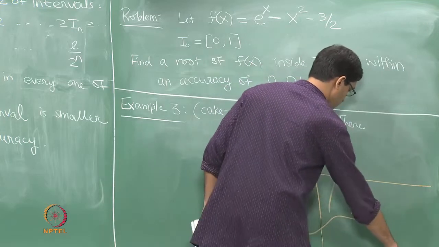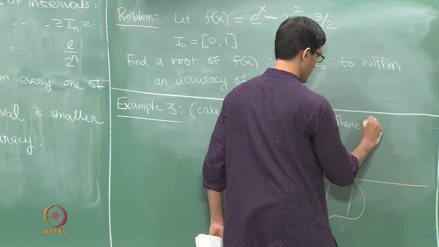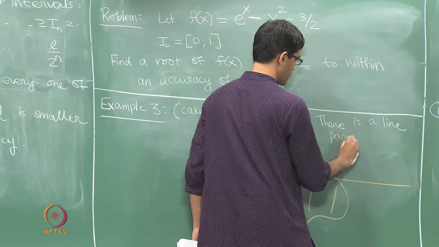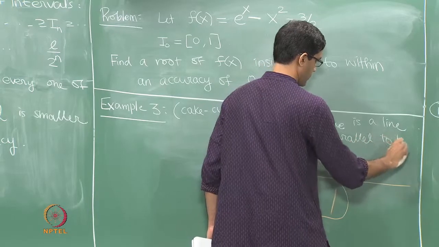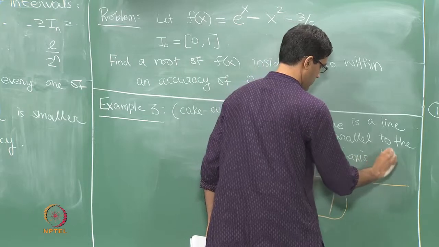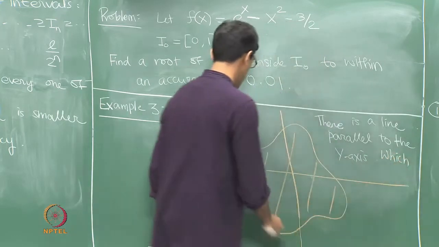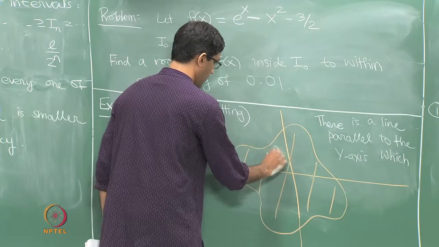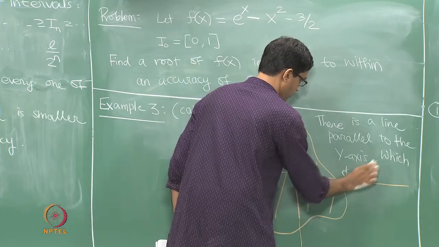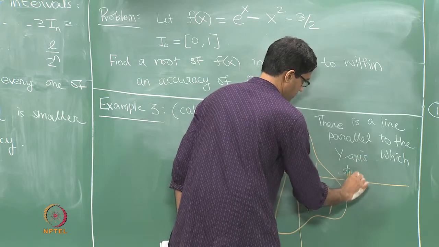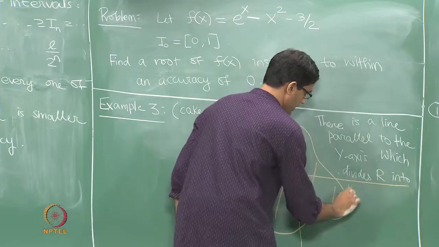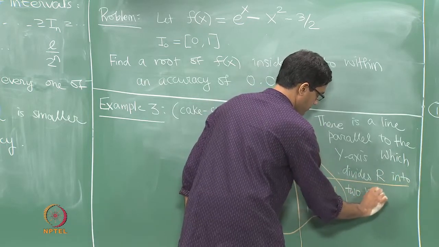There is a line parallel to the y axis which cuts this region, let's call this region R, which divides R into two regions of equal area.